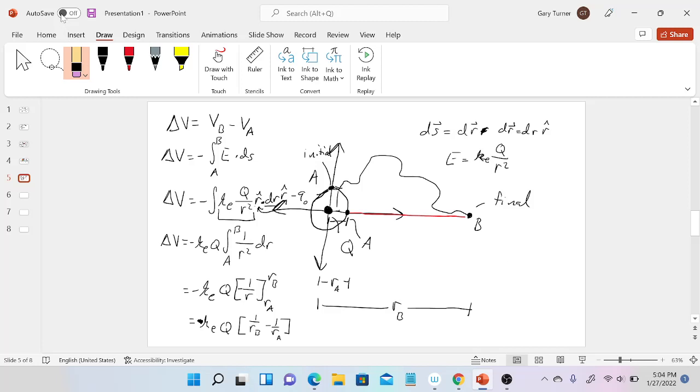Well, first of all, note that this is a negative quantity, right? And how do we know? Because RB is smaller than RA, or 1 over RB is bigger than 1 over RA. So I can rewrite this as negative KEQ times 1 over RA minus 1 over RB.